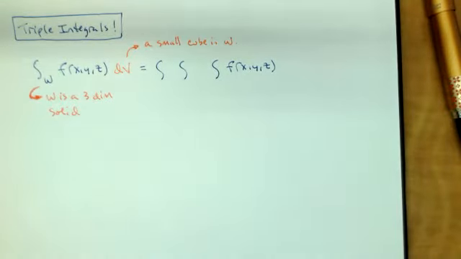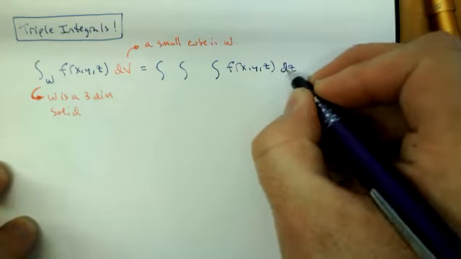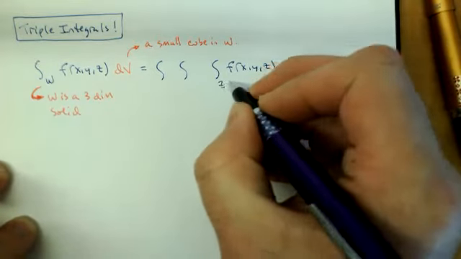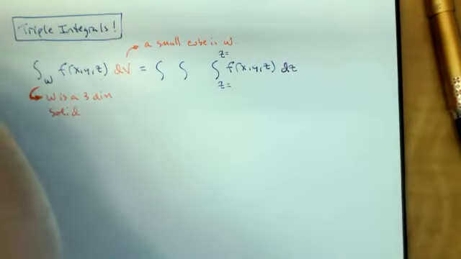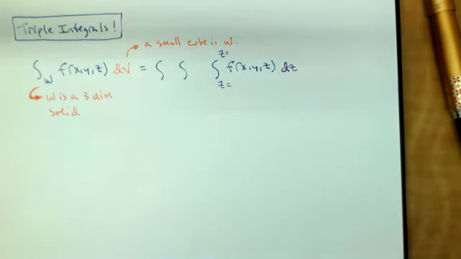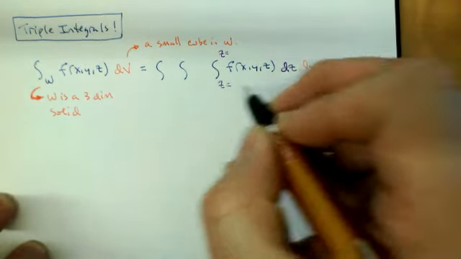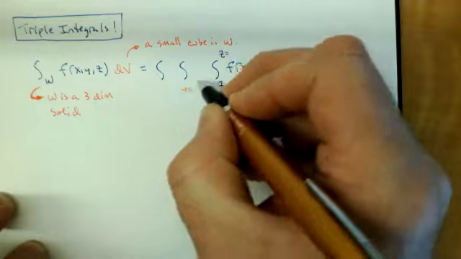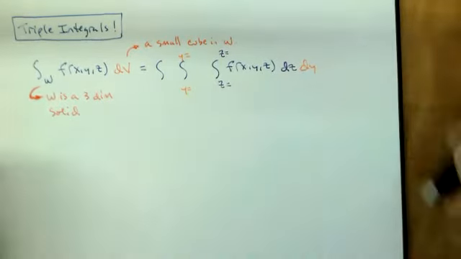And I'm going to need to describe what z is between. So if dz is the first one, then I'll have to say what z is between. Then I'll have to say what y is between. Then I'll have to describe what x is between.